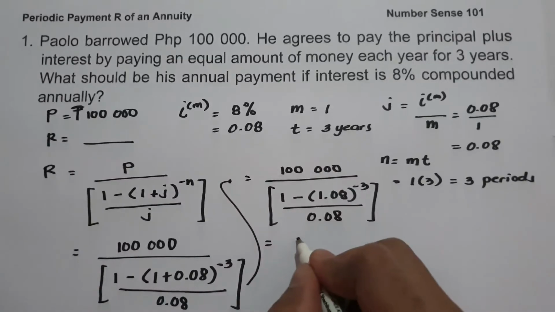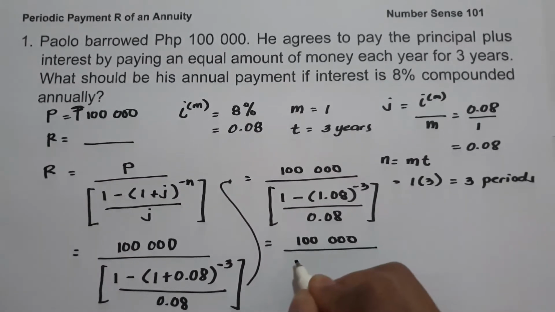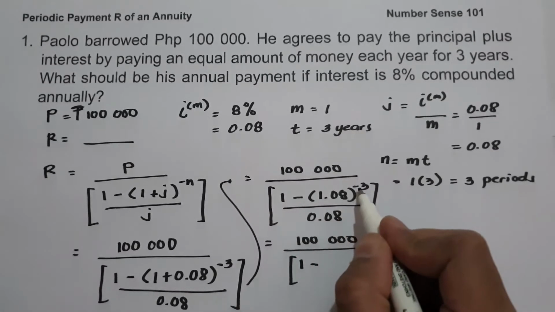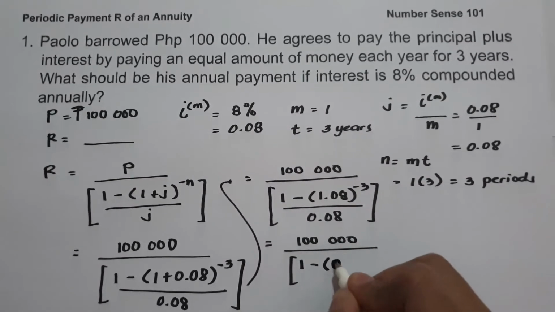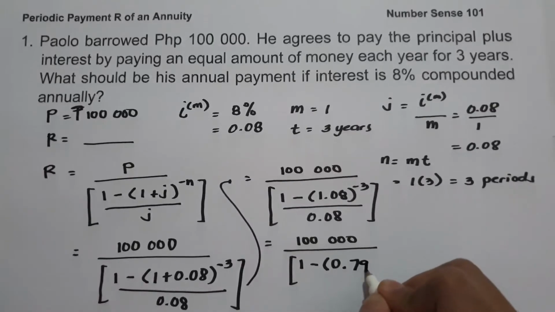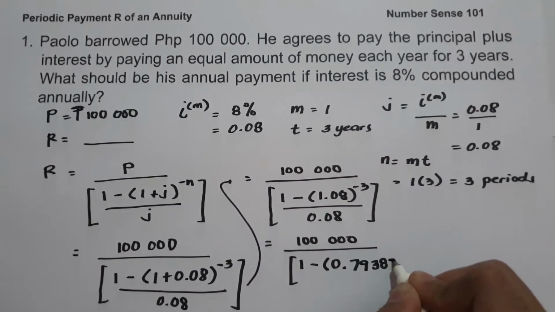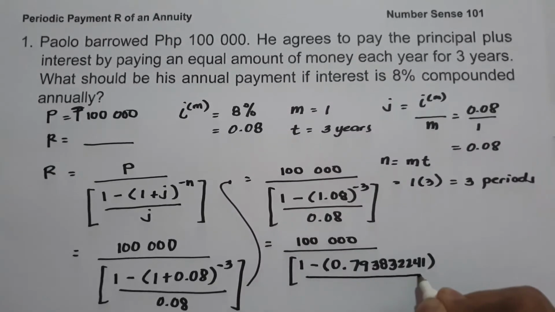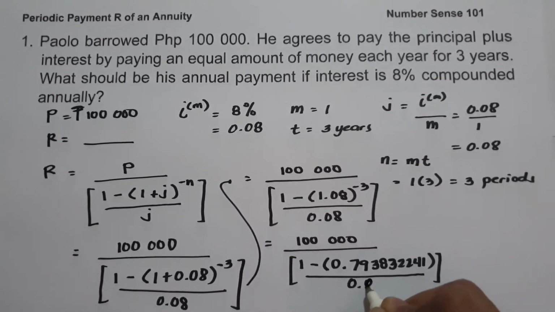And then, let us have 100,000 divided by quantity 1 minus 1.08 raised to negative 3. It will give us 0.79383241 all over 0.08.